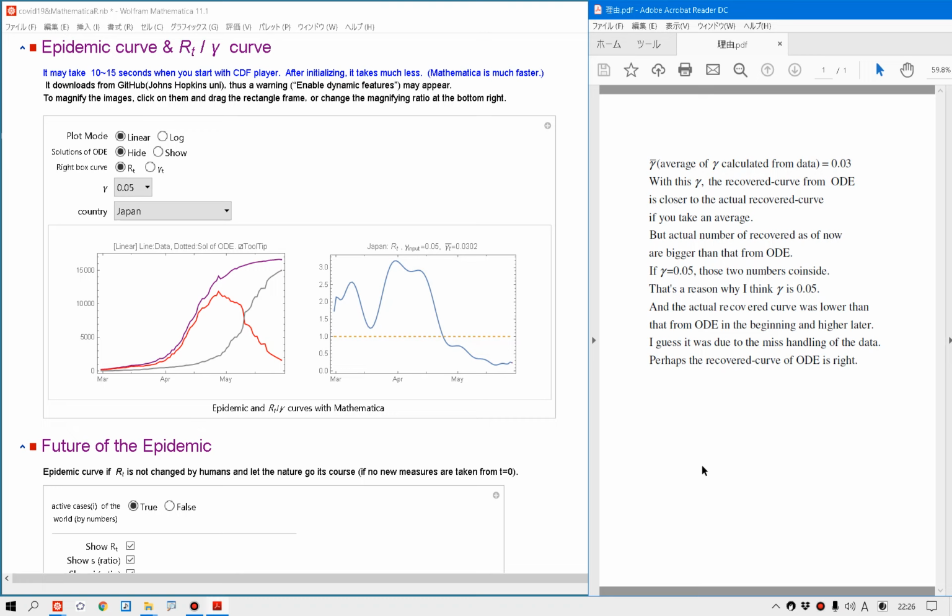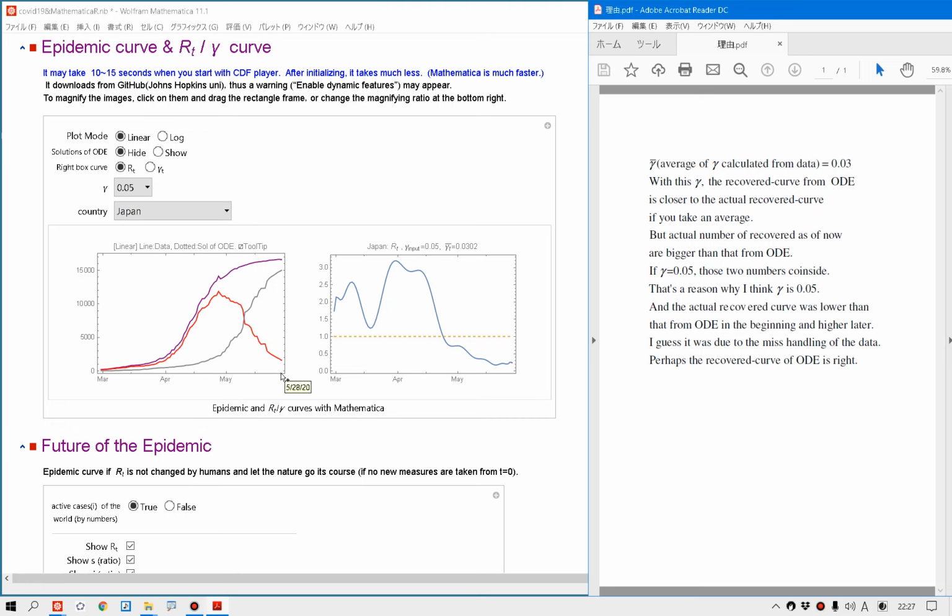Now I would like to show you my program. This is the epidemic curve, linear or log, and you can see the solution of the ODE. On the right box, you can see Rt or gamma t. Rt is the speed of infection, and gamma t is a kind of speed of recovery, very roughly speaking.